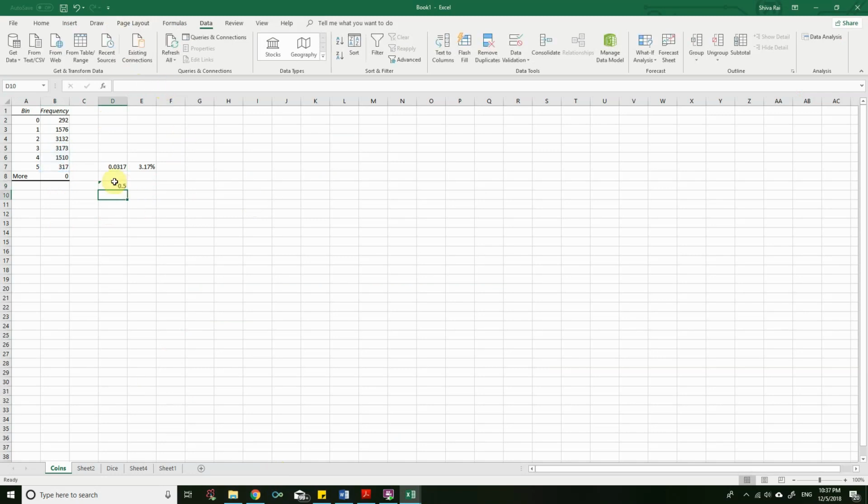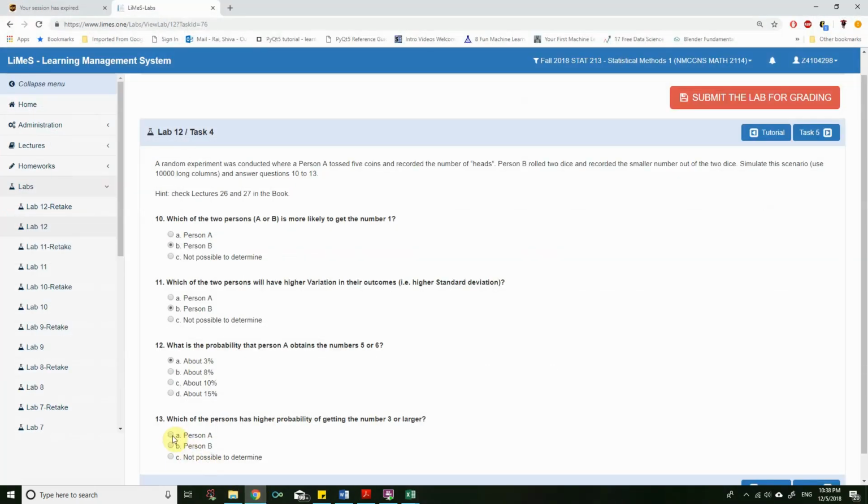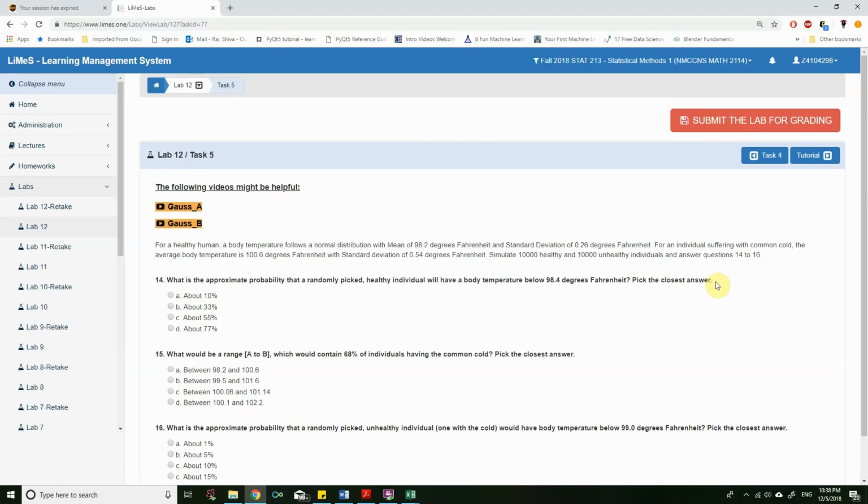So the 0.54, 54% probability is for A. Now for the person rolling dice, let's go for equals sum 3 or higher, this one, divided by 10,000, 4368. So person A.